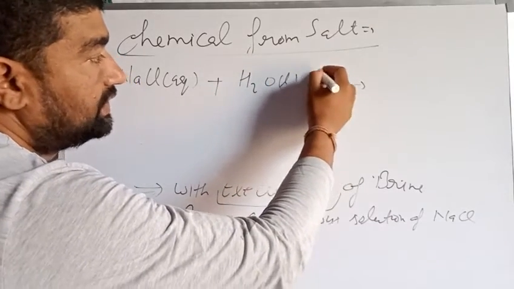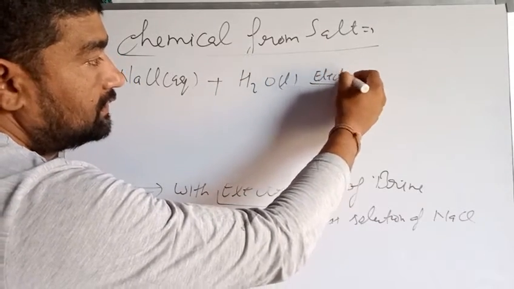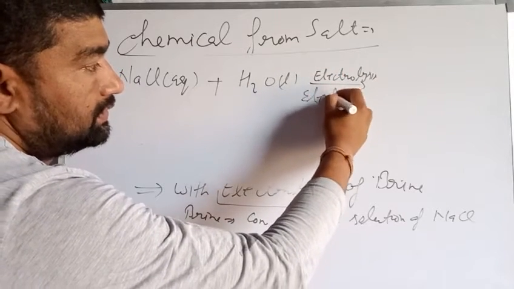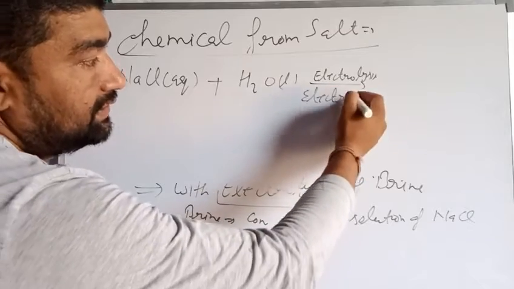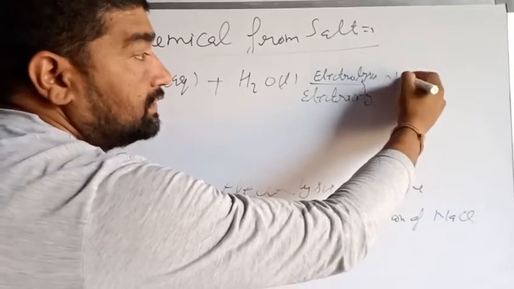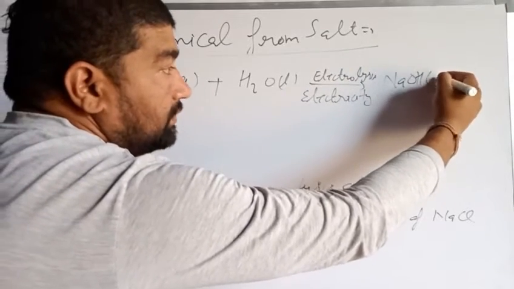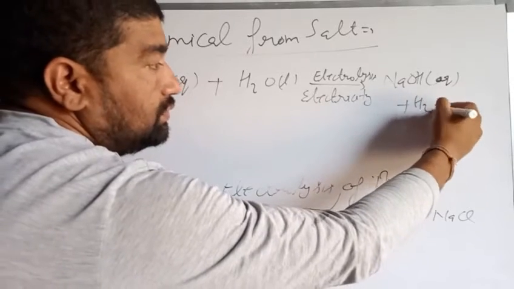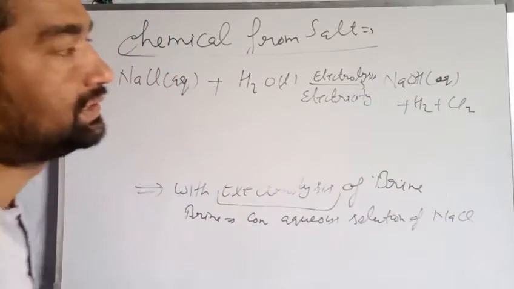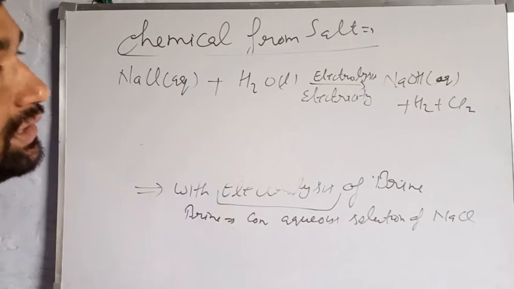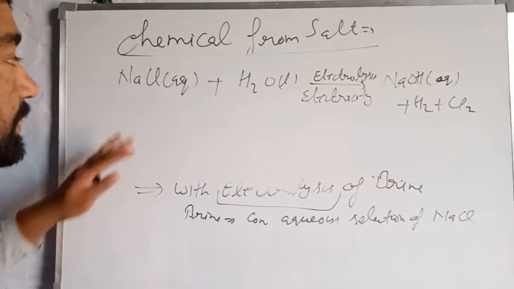Now we are doing the electrolysis, that means we are passing the electricity. So what will happen? We'll get NaOH, which is aqueous, plus we also get H2, plus we get Cl2. So these are the major products we obtain from that equation.